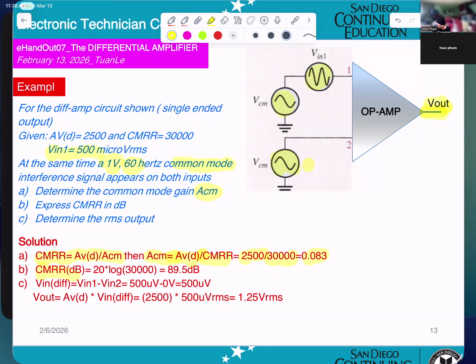You know how to do that. Take the log of 30,000 and you get 89.5 decibels.